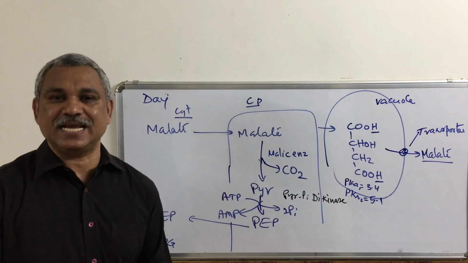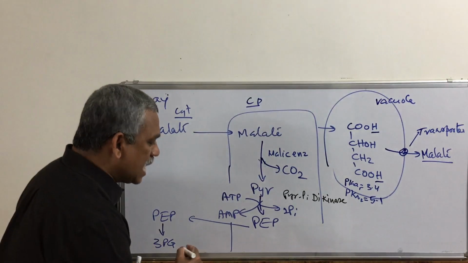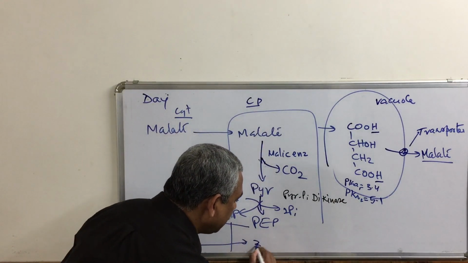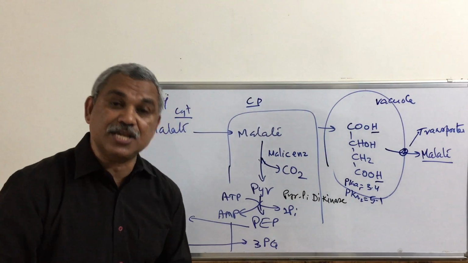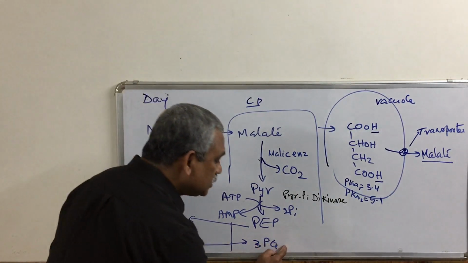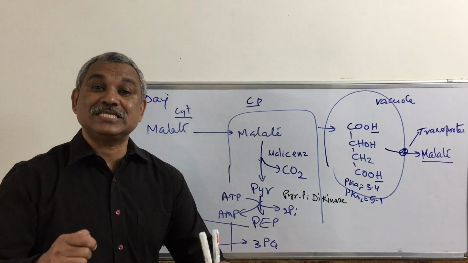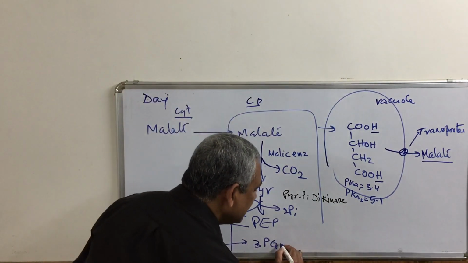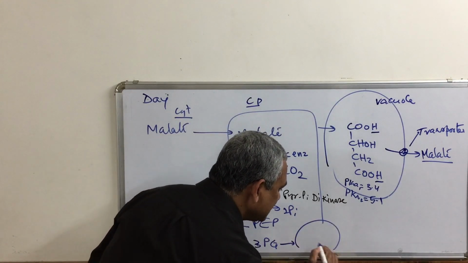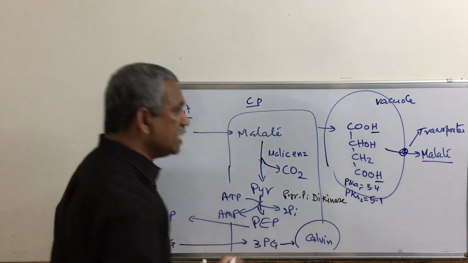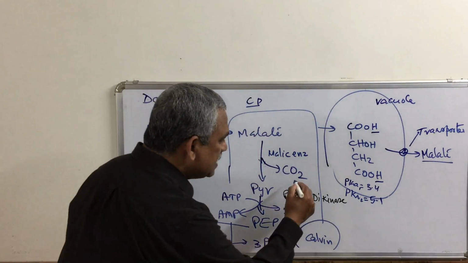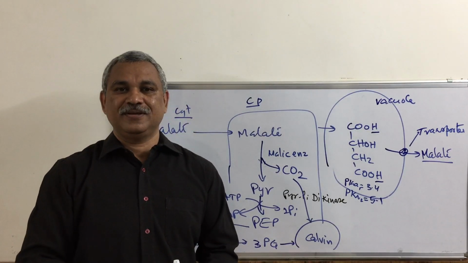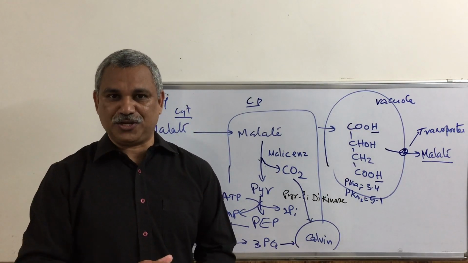The 3-phosphoglycerate that is produced will be transported back into the chloroplast, and this 3-phosphoglyceric acid becomes part of the C3 pathway. In other words, it will enter into the Calvin cycle. Along with that, the CO2 will be joining, and that will continue to produce the triose phosphate molecules.